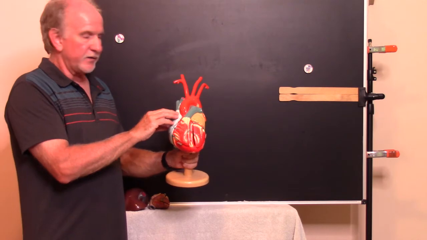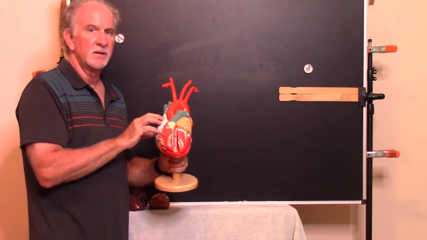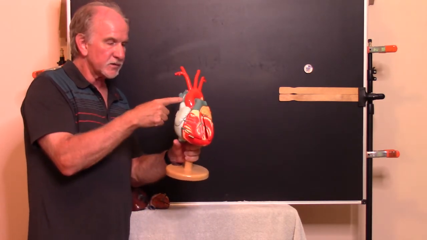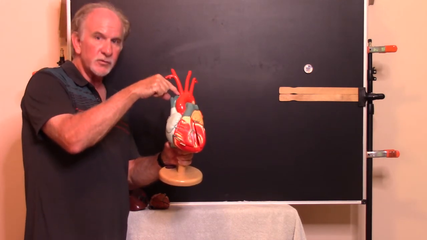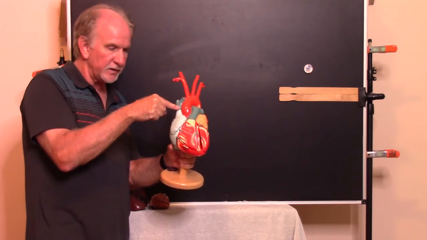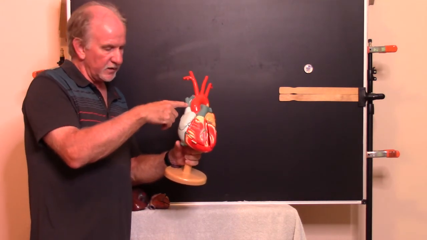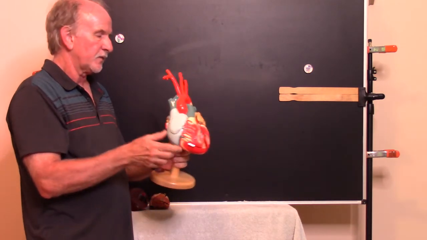So this would be the right atrium, and the venous drainage from the systemic circuit comes into the right atrium by way of the superior vena cava, which forms by two brachiocephalics joining together. So into the right atrium would be the superior vena cava, and down here would be the inferior vena cava.